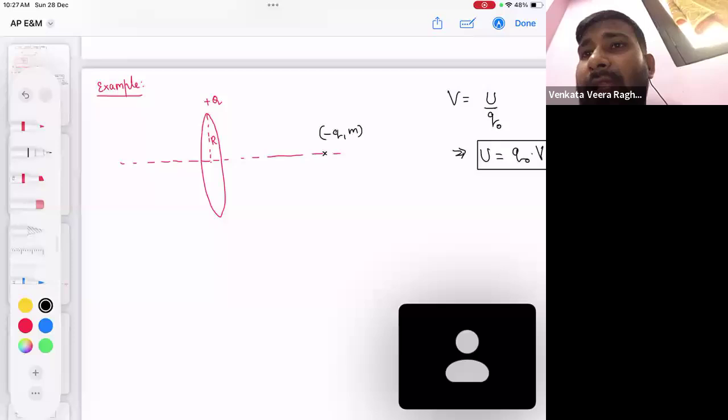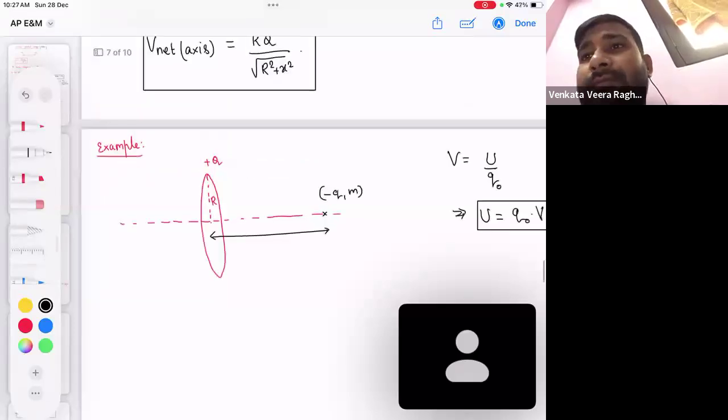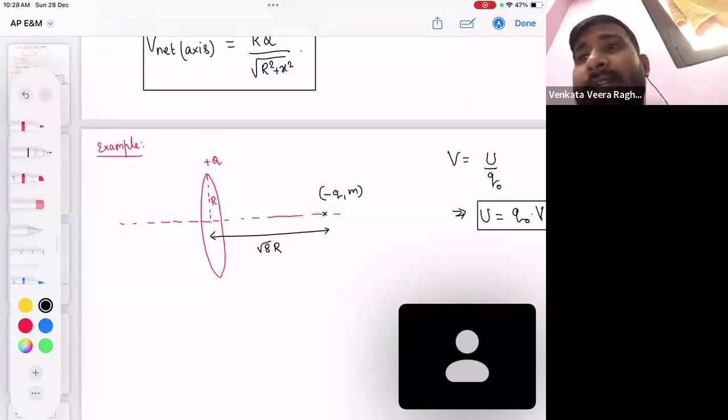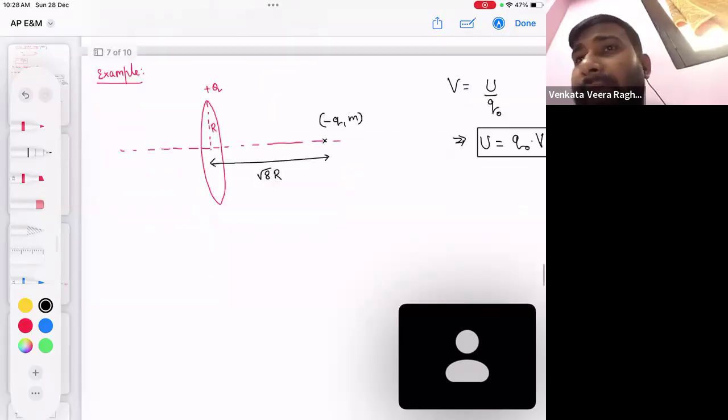And this negative particle is where right now? Root 8r distance from the axis. Understood? This negative charge particle is right now at root 8r distance from the axis. Now what is going to be done? This charge particle is going to be released. So what will happen?